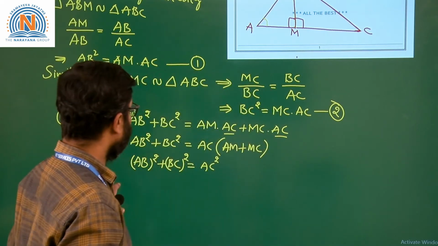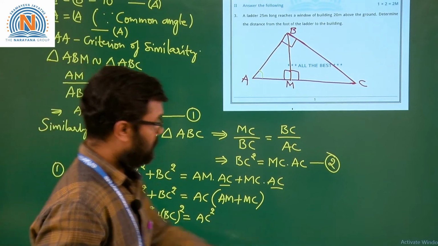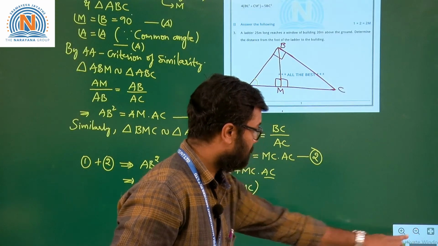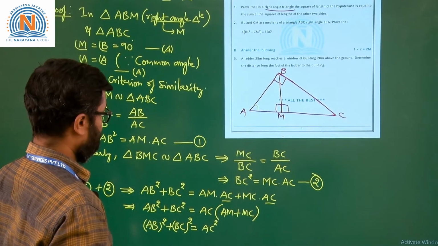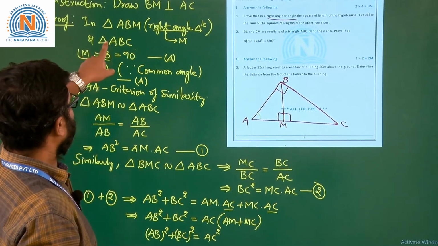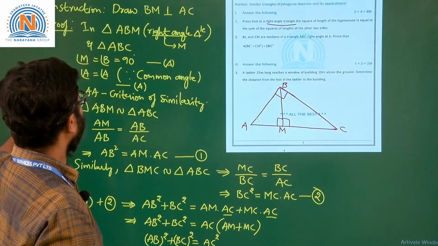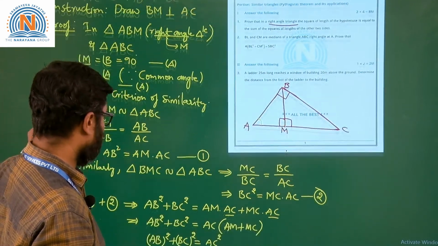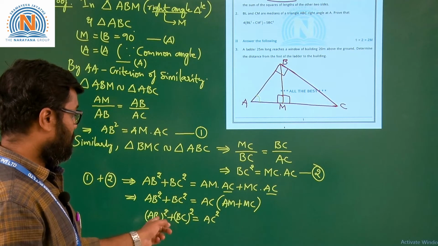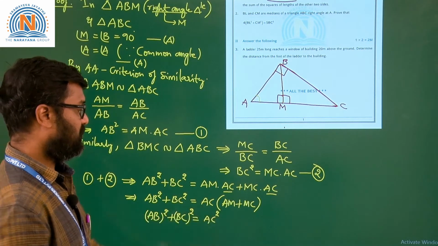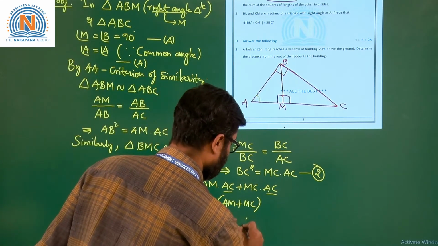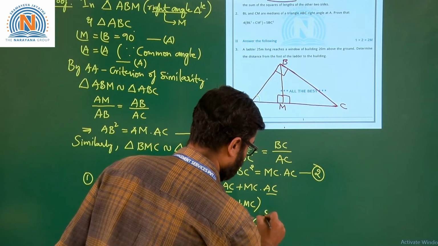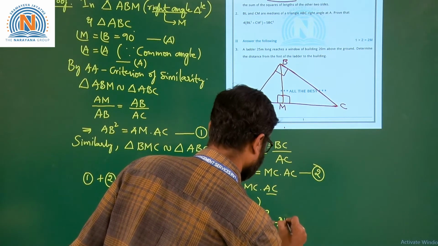So here is our proof. What we need to prove is that AC square is equal to AB square plus BC square. So we proved that AB square plus BC square is equal to AC square, which can be considered as AC square is equal to AB square plus BC square.